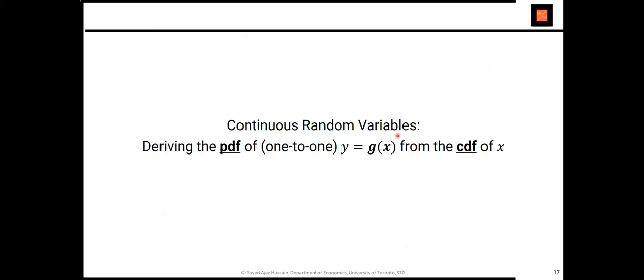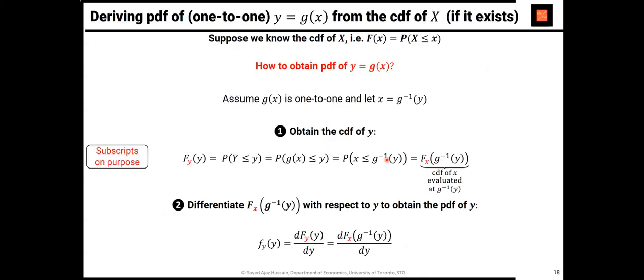So this allows you to find the PDF for more sophisticated functions. For example, it could be x squared, x cubed, square root of x. The only thing you insist, of course, is that the relationship between y and x be a one-to-one relationship. You remember that we did this in lecture, one-to-one functions.